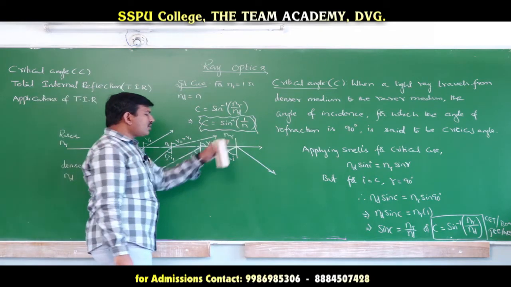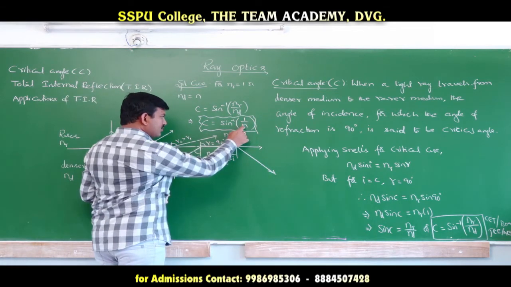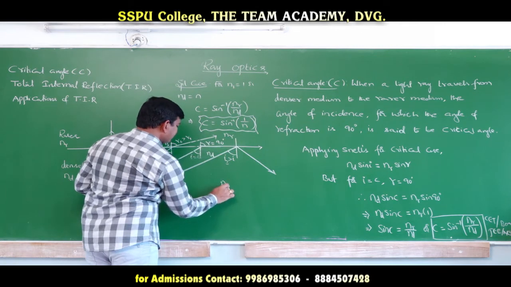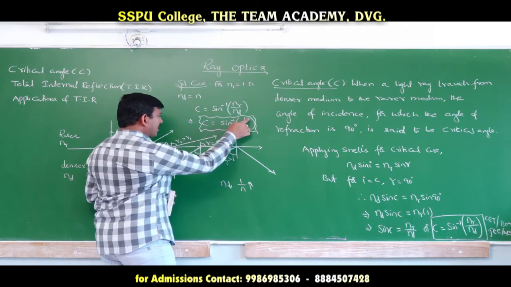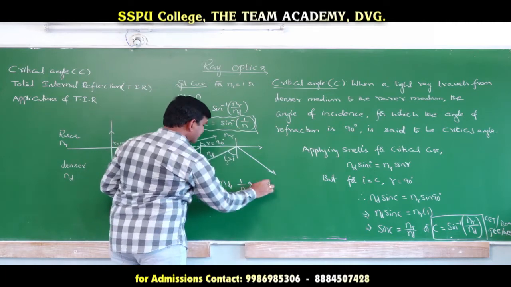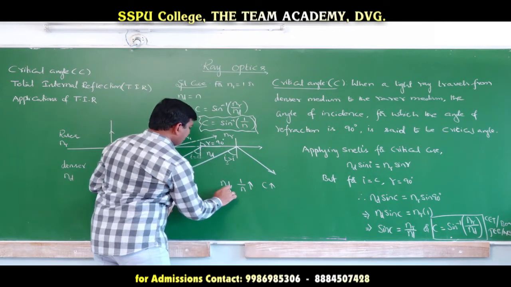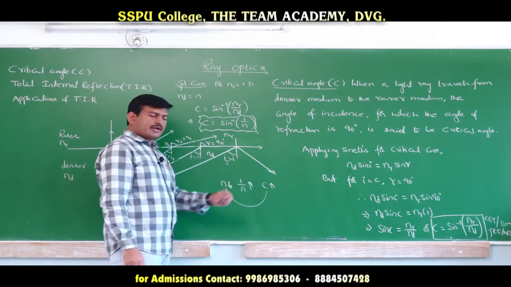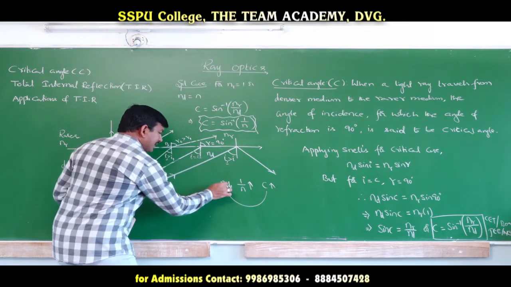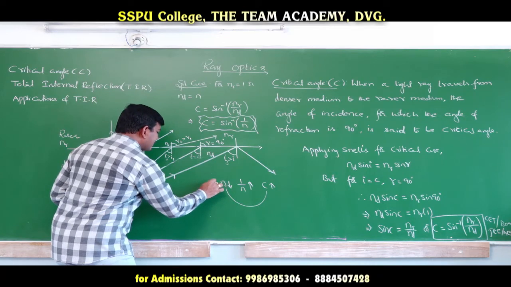From this formula, as N value decreases, 1 by N increases, so the critical angle increases. Less the refractive index, more the critical angle. Also, N decreasing means wavelength is increasing.